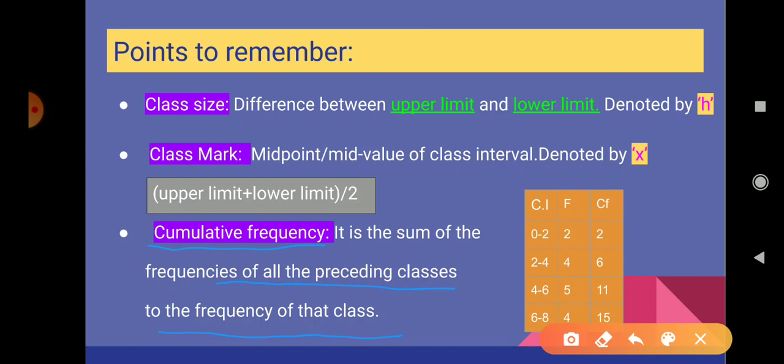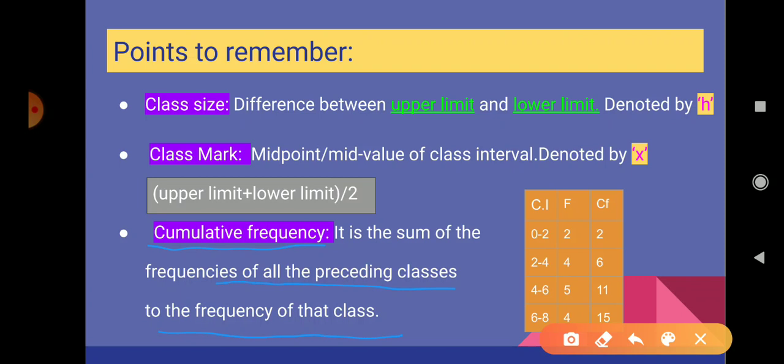Just by understanding this, we have to solve problems finding mean, median and mode. So for that you have to understand these concepts. Cumulative frequency means the sum of the frequencies. Sum means, as you all know, adding. Preceding means the classes coming before.